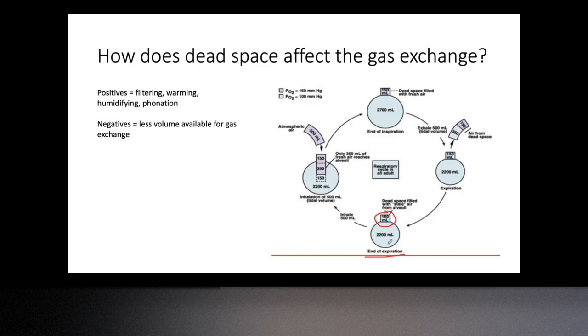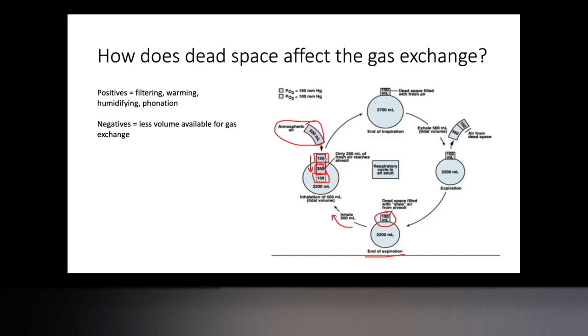When we inhale, the tidal volume, 500 ml of atmospheric air, comes inside, and the dead space migrates to the bottom of your lungs. 150 will go down, and this will not be the fresh air, and 150 will remain inside the dead space. So basically, the only fresh air you have is 350.